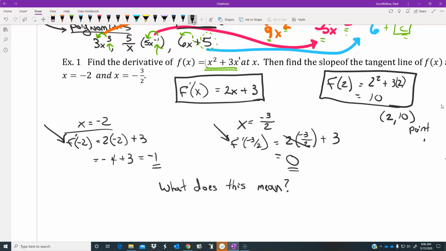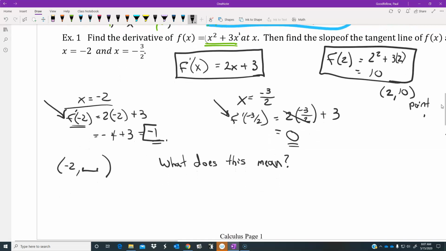Now, when I do it over here and I'm plugging -2 into the derivative, it is still a domain, but what I'm getting out on the other side is a range. Let's remember what the derivative is finding.